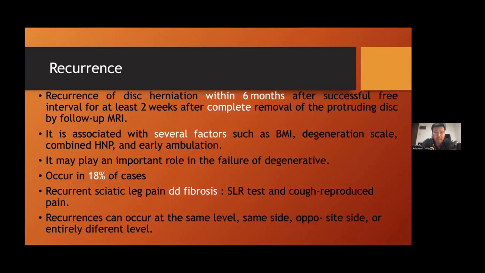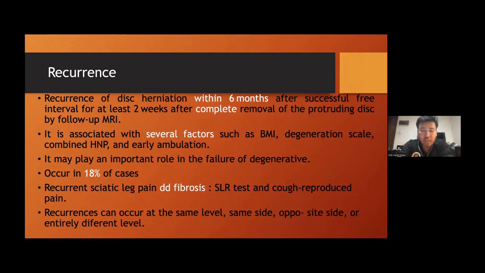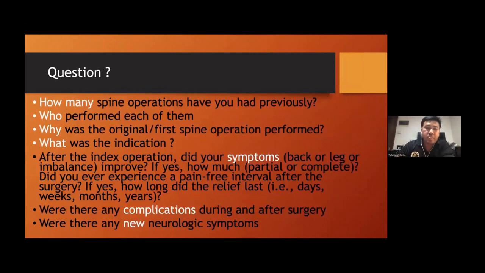What we have to know exactly is whether it is recurrence or fibrosis after surgery in the same position. So we need to do the SLR test, and we can find co-reproduced pain, which leads us to reherniation, I'm sorry, recurrence. Recurrence can occur at the same level and same site, the opposite side, or entirely at a different level.